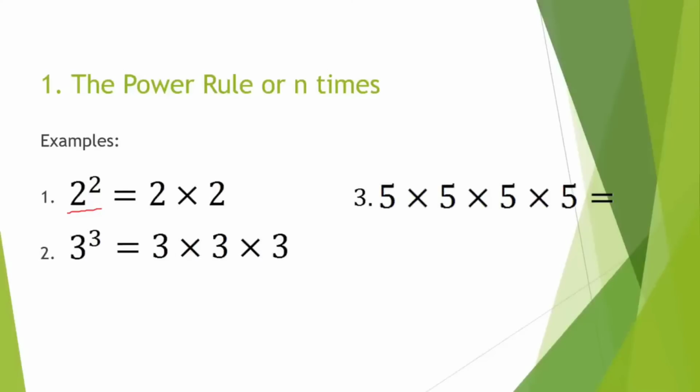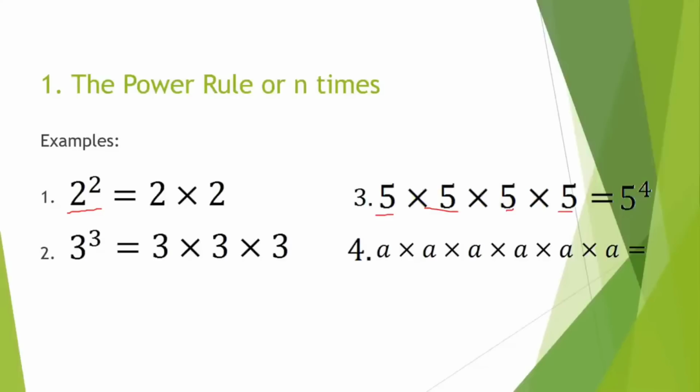And for the next example, we will do the opposite. If you are given 5 times 5 times 5 times 5, how can we write that as an exponential expression? Our base will be 5, and then our exponent is 4, since we are multiplying 5 by itself 4 times.